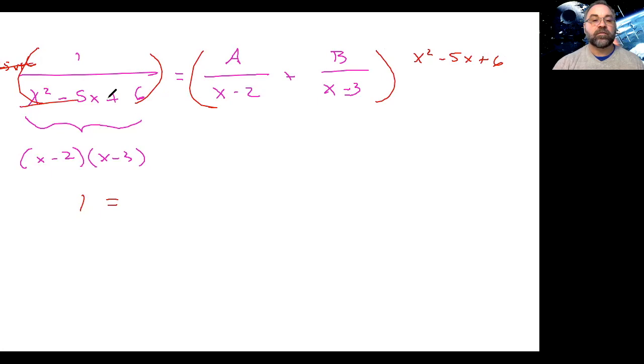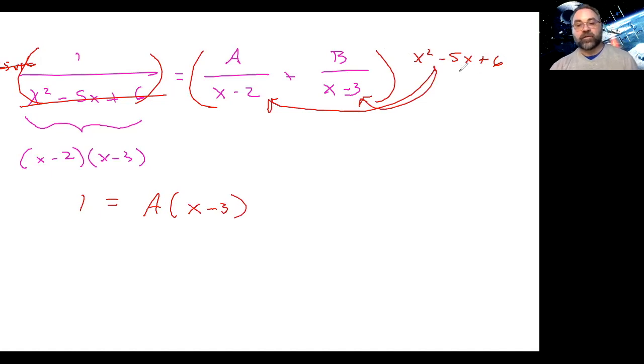One of the factors of x squared minus 5x plus 6 is x minus 2, so we get A times the remaining factor, x minus 3. And one of the factors is x minus 3, so I get B times the remaining factor, x minus 2.